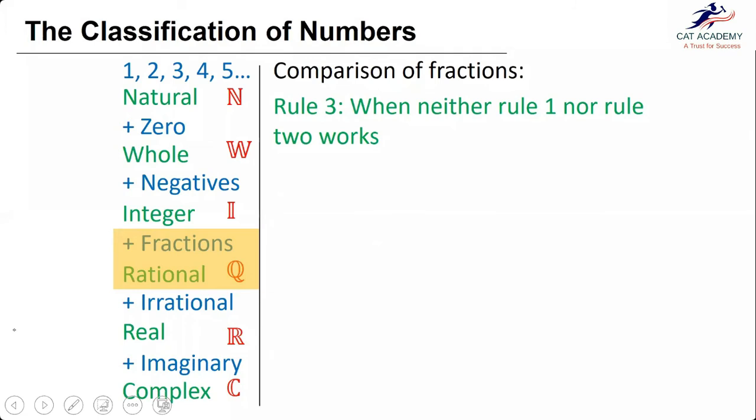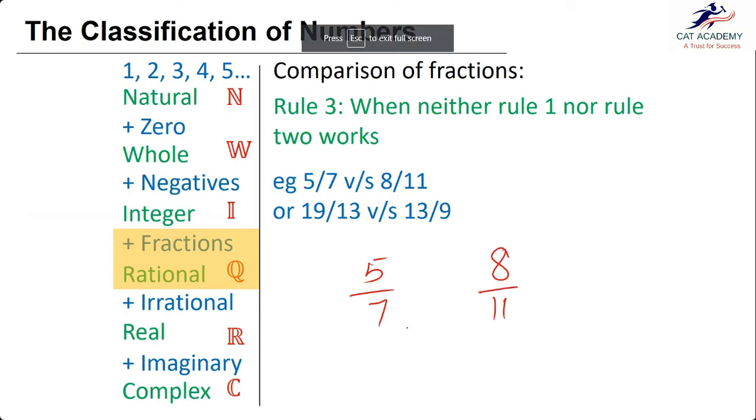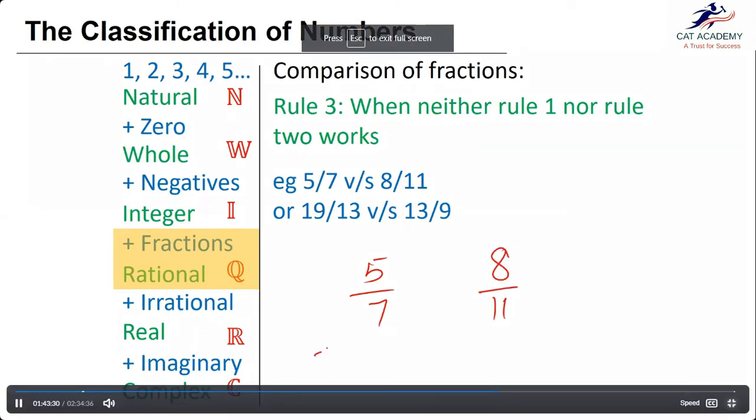And rule number 3: when neither rule 1 nor rule 2 applies, or you can apply rule 3 even when rule 1 or rule 2 is applicable, because it's a generic rule. And what does it say? Simply cross multiply. Example, 5 by 7 and 8 by 11. Keep the numerators on respective sides, switch the side of the denominator.